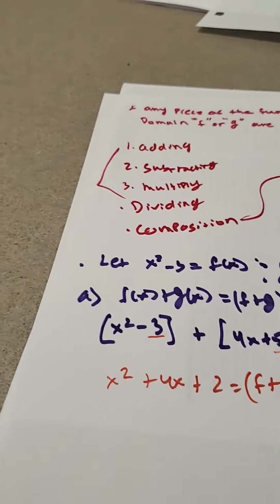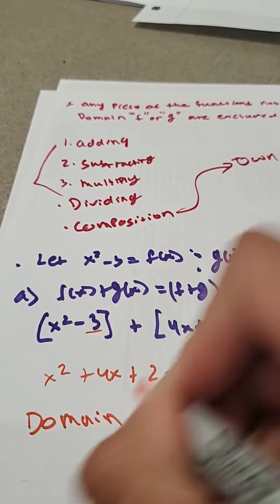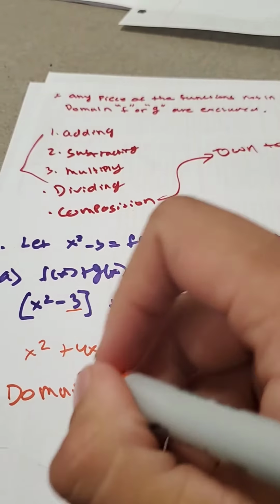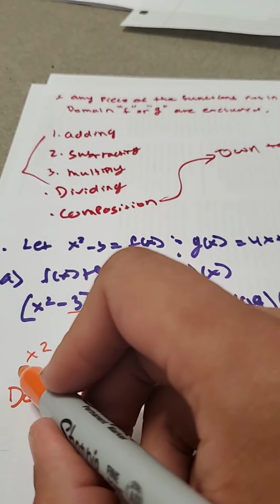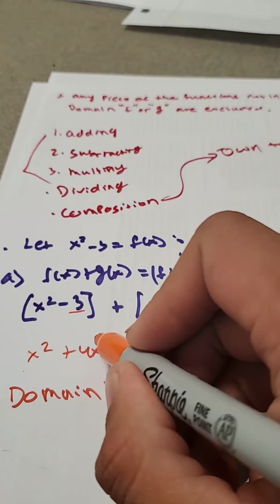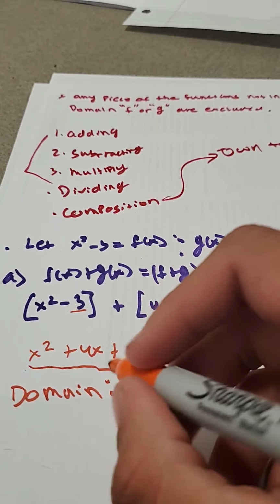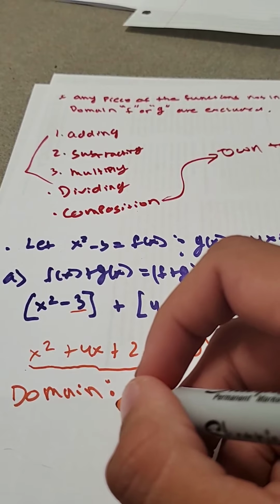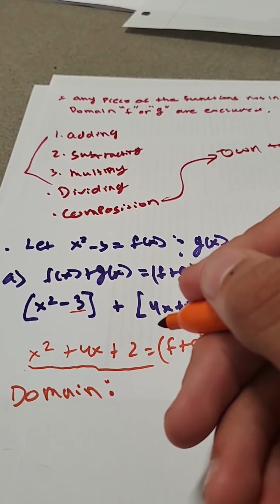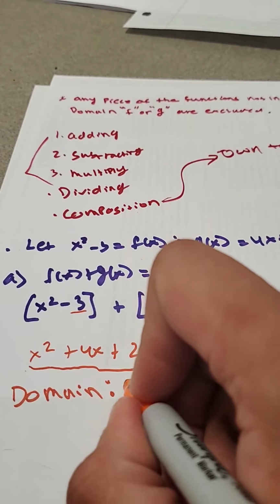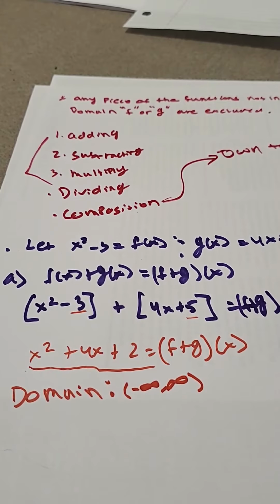Now you guys might be asking, what is the domain? We'll cover this in polynomials, but pretty much we could plug in any value for x, and we'll get an output. It won't be undefined. So the domain is negative infinity to positive infinity, meaning all real numbers.